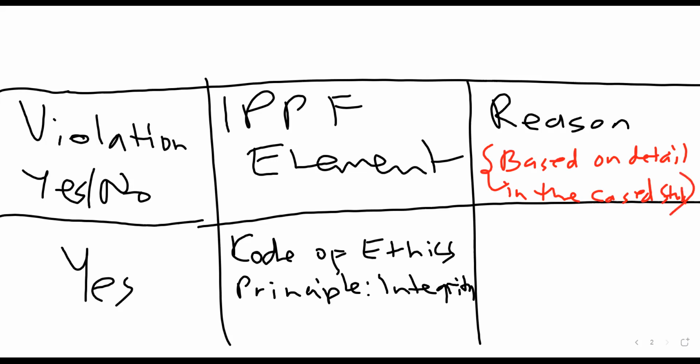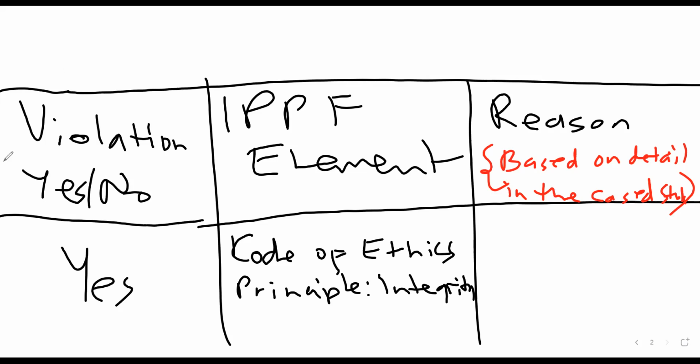So for example, if there's a violation of integrity, then the reason could be to say the internal auditor did not make all disclosures as required in terms of the law. Why? Because he was promised a performance bonus by the CEO for non-disclosure. That could be a typical example of a reason that you would observe in a case study scenario that you may be given in the exam.